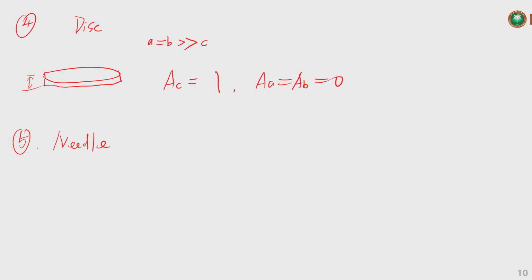So we drag it much further and it becomes needles. For needles, as we assumed, its dimensions A and B can be much smaller than C. So that means A plus B should equal 1, and C equals 0, and A equals B, so that means A equals B equals half.